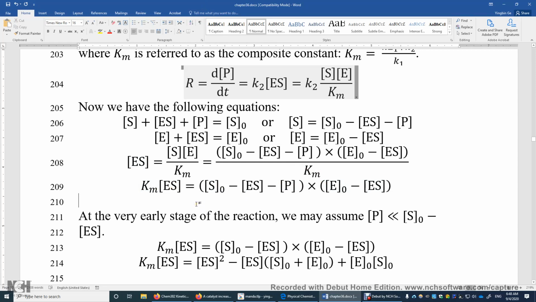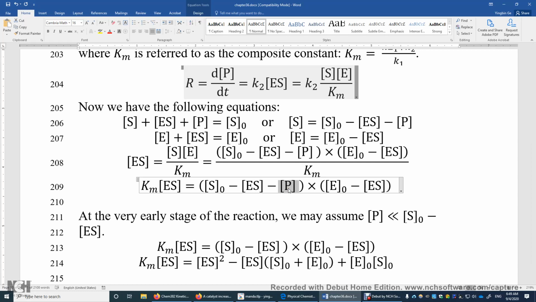However, we prefer to solve the equation with only one variable. So we will get rid of the P. How can we justify the removal of P? P is the product. If we focus on the very early stage of the reaction, there's no P, right?